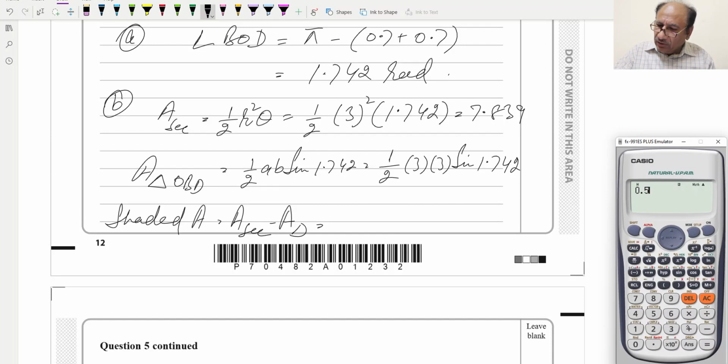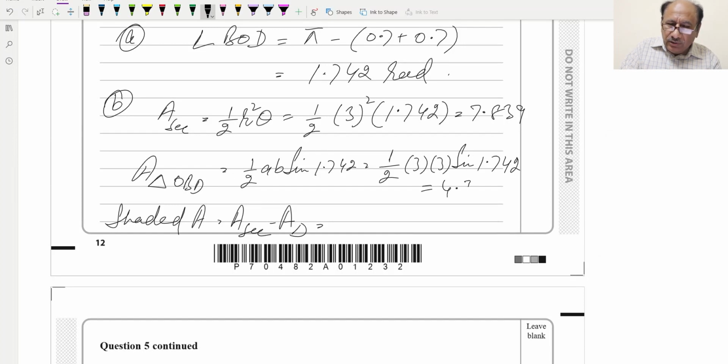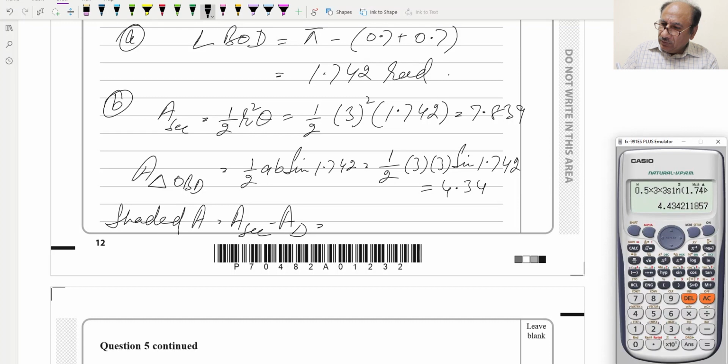So 0.5 into 3 into 3 into sine of 1.742 is equal to 4.434.